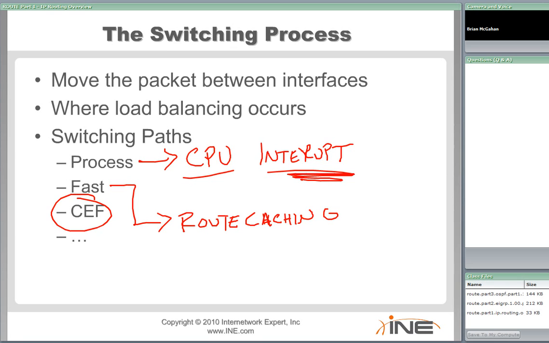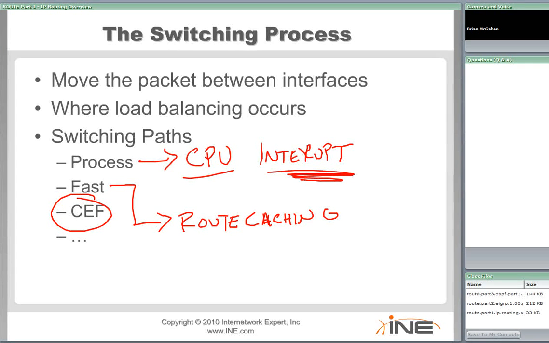But in the hardware-accelerated platforms, the CEF table is actually replicated down to the line card itself. So the line card really makes the decision about where the packets are going. It doesn't have to talk to the general purpose CPU and the routing process. So this is why if the supervisor goes down or the route switch processor goes down, you can fail over to the second one with the stateful switchover feature and nonstop forwarding.